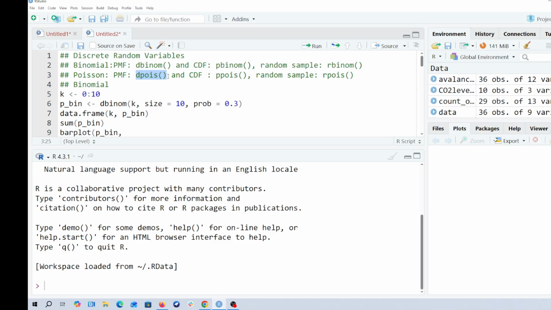To calculate a probability you use ppois, and to generate a random sample you use rpois.